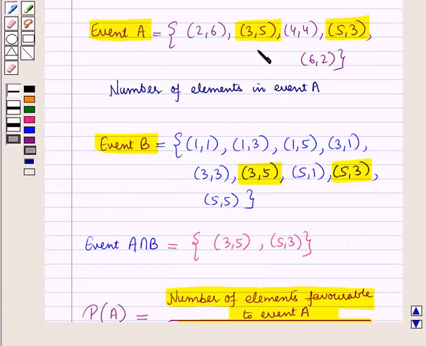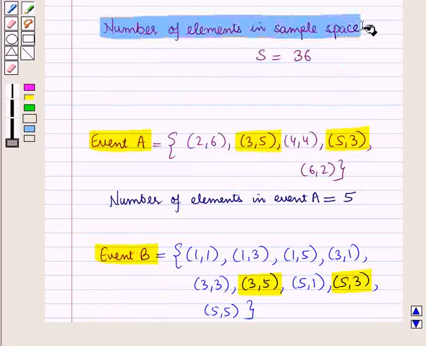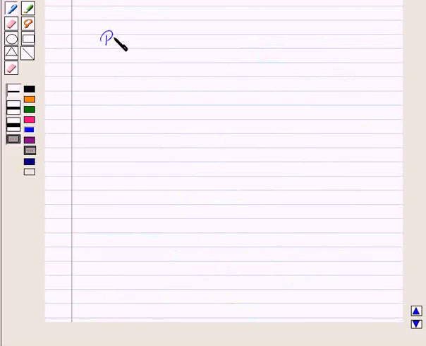Now number of elements in event A is equal to 5, and number of elements in sample space S is equal to 36. So probability P of event A is equal to 5 upon 36.